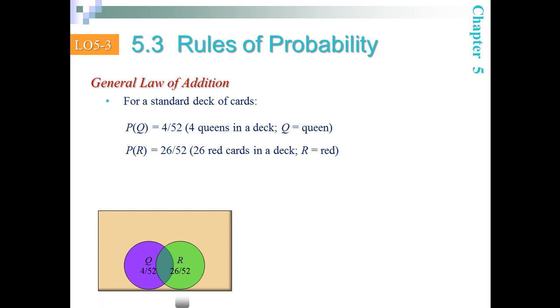And now the question becomes, what's the probability of a red queen? It turns out that there are 2 out of 52 red queens. That makes sense to us.